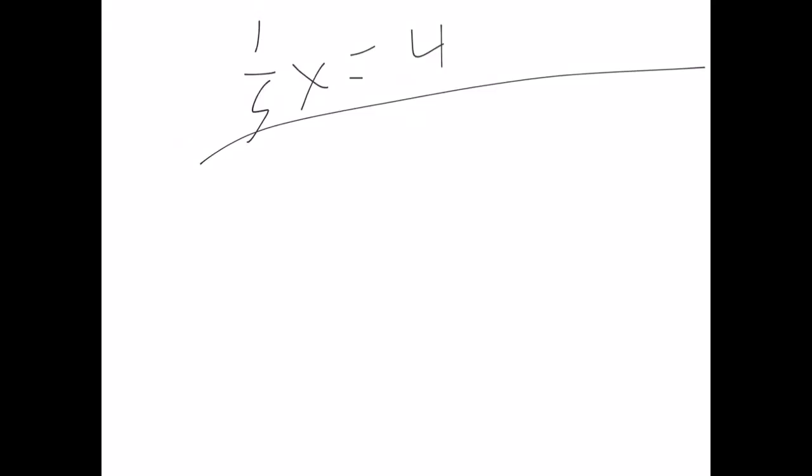This is how to solve equations with multiplication. So what you do to undo multiplication, you have to divide. So 1/5 divided by 1/5 cancels each other out. So now it's x equals 1/4 divided by 1/5.